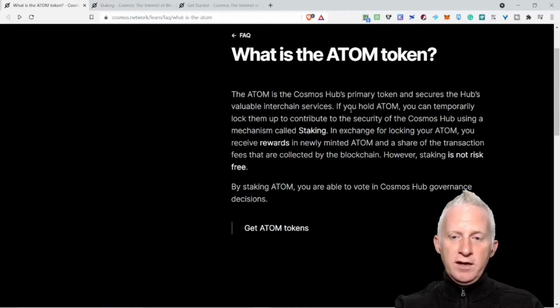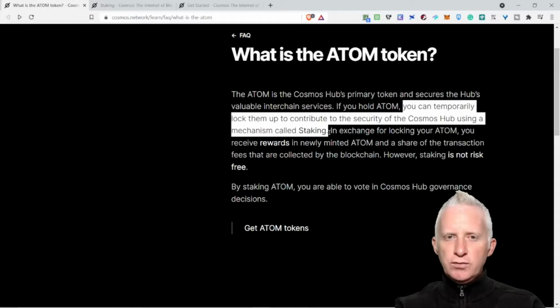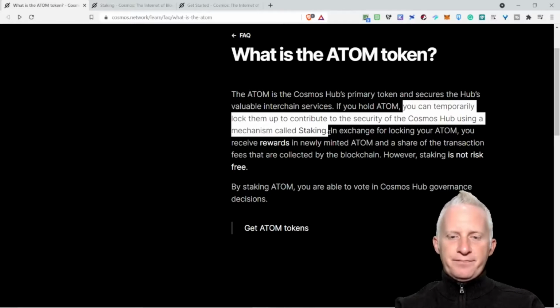I love that phrase, so I'm going to highlight and read it again, to understand exactly what the Cosmos token is and what the functionality of staking is. You can temporarily lock them up to contribute to the security of Cosmos using a mechanism called staking.